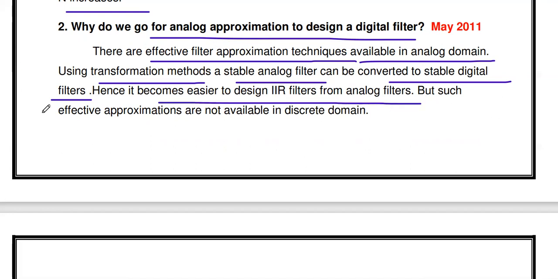Such effective approximations are not available in the discrete domain. In bilinear transformation and impulse invariant transformation, we may convert the stable analog filter into a stable digital filter, but there is no straightforward procedure to design a stable digital filter directly.